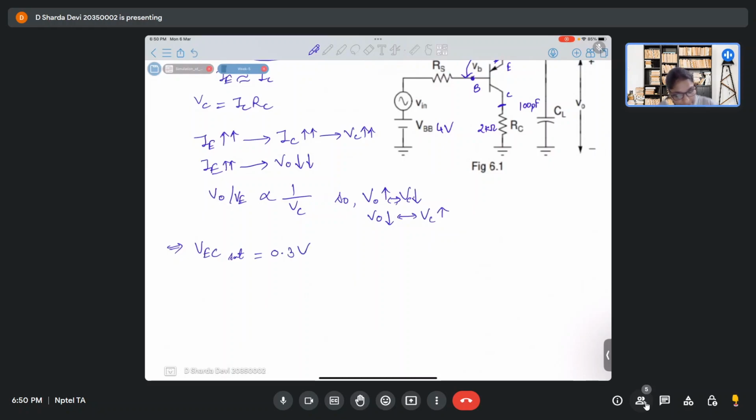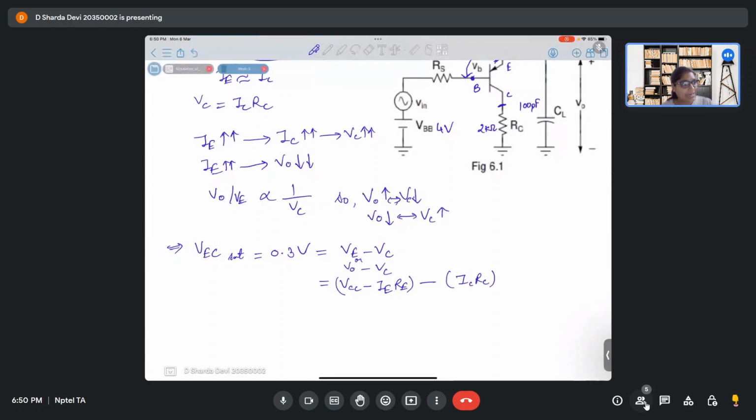So if we write VEC, how can we write it? It is VE minus VC, or V0 minus VC, right? V0, how will we write? V0 is VCC minus IERE, and VC is actually ICRC, right?